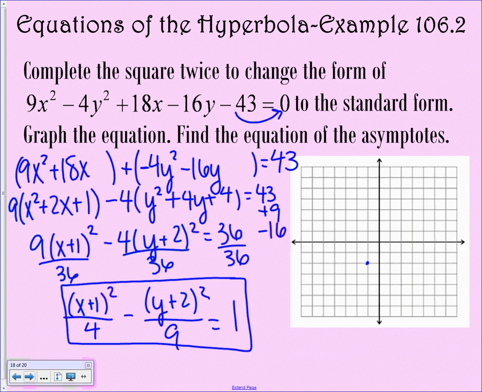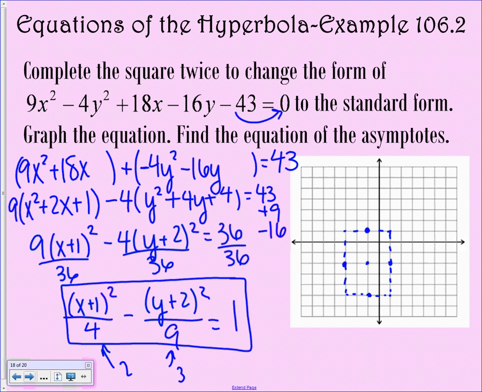And now everything else is pretty much like we were just doing. So on our x-axis, we're going to go left and right 2. And on our y-axis, we're going to go up and down 3. So go left 2, and right 2, and then up 3, and down 3. And you're going to make your box. Okay?